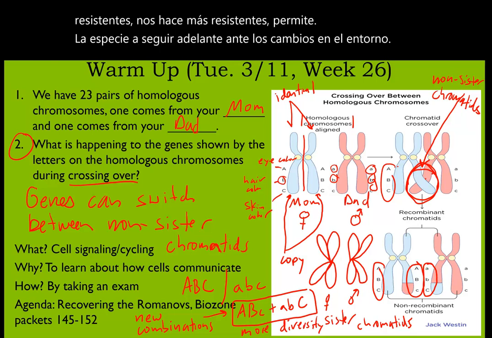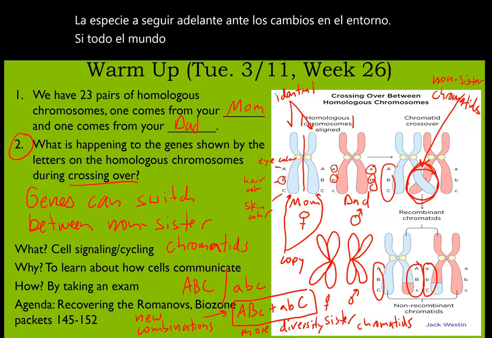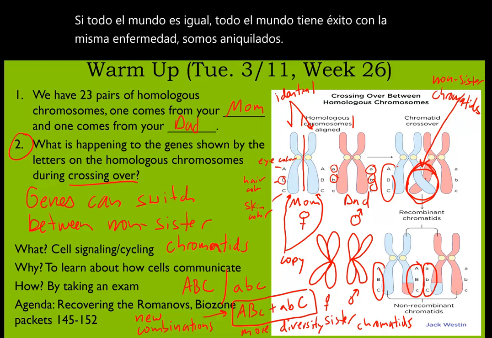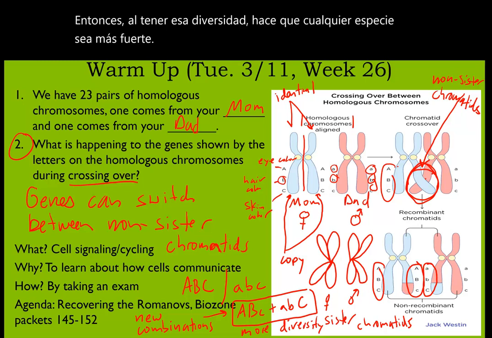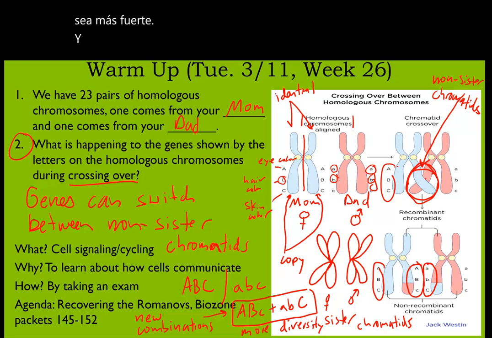If everybody's the same, everybody's susceptible to the same disease, we can get wiped out. So by having that diversity, it makes any species stronger and allows it to survive over time on Earth in a changing environment.